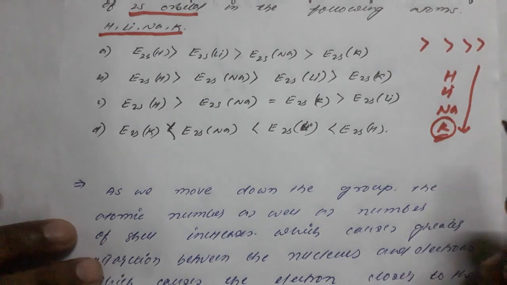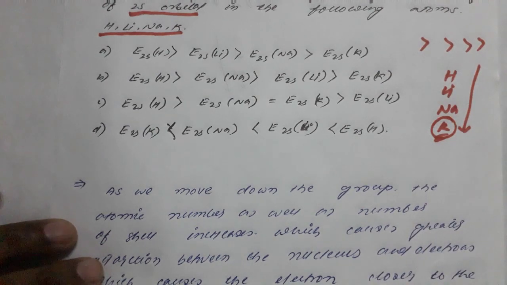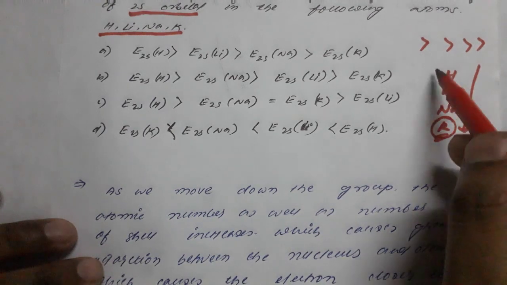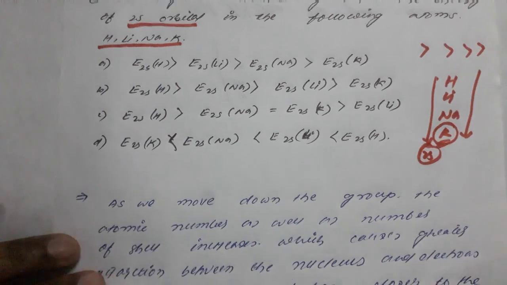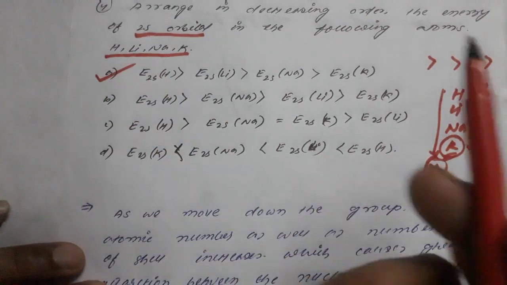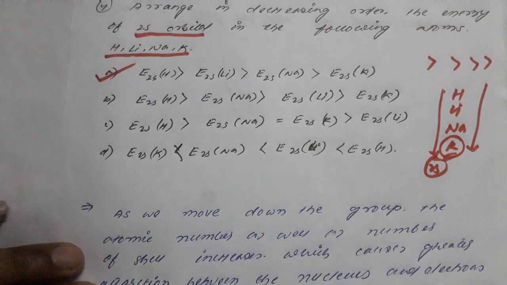So potassium will have a large number of electrons and shells. From top to bottom, the 2s orbital energy will decrease. So if you're talking about decreasing order, this will be the first option. I think you got the reason behind this, right?